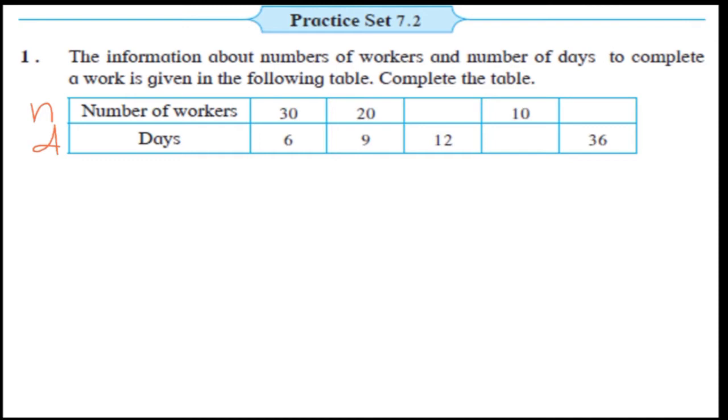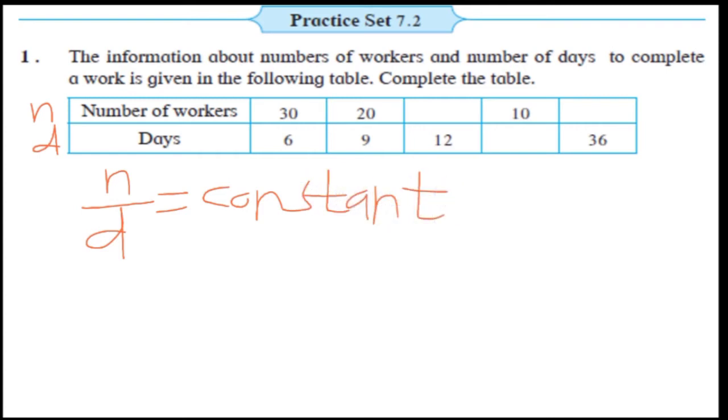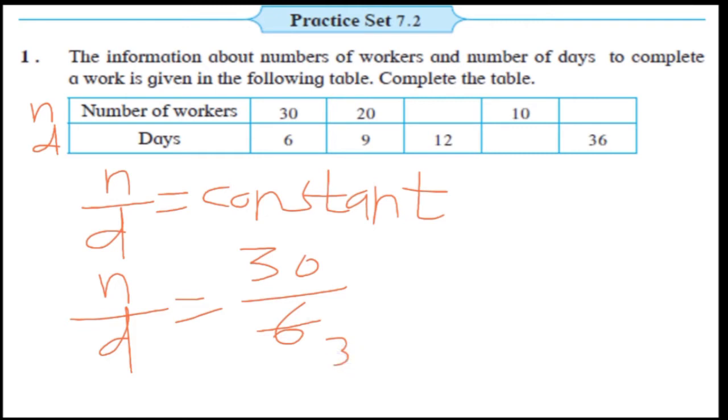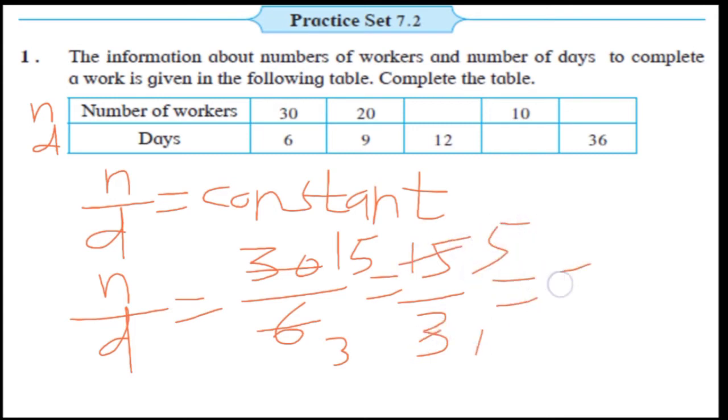For direct variation, n upon d, this ratio is constant. Then n upon d is equal to, first n is 30 and d is 6. 2 3s are 6, 2 1s are 2, 2 5s are 10, means n upon d is 15 upon 3, or 3 1s are 3, 3 5s are 15, means 5 is to 1.